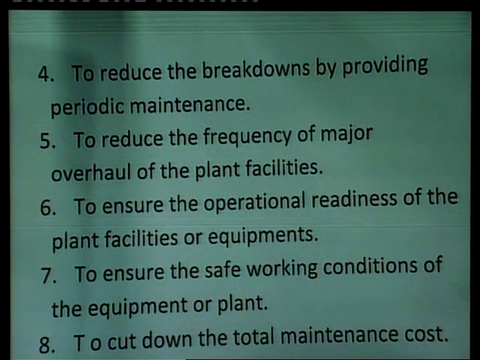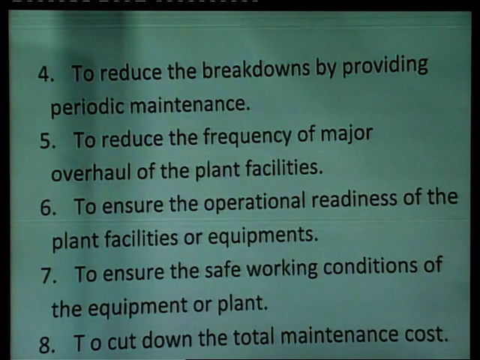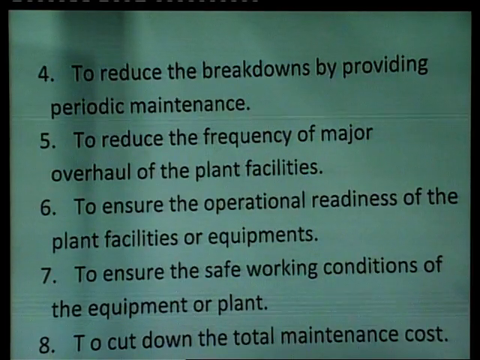Fifth one is to reduce the frequency of major overhaul of the plant facilities. Sixth one is to ensure the operational readiness of the plant facilities or equipment. With the maintenance, all the operational systems are properly ready.